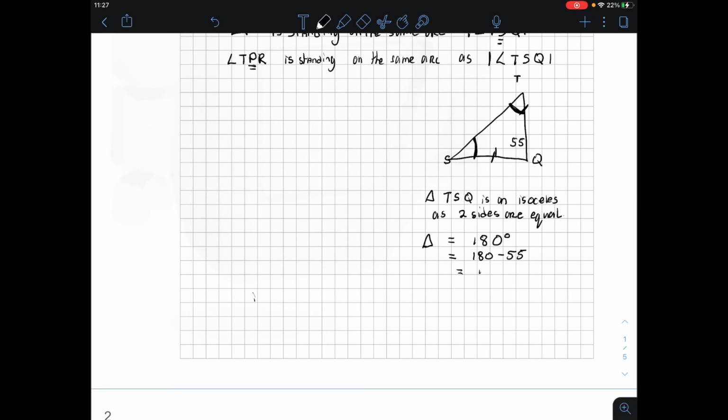We take our known angle of 55 degrees from 180, which gives us 125.